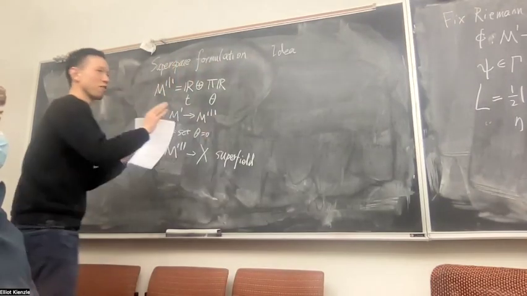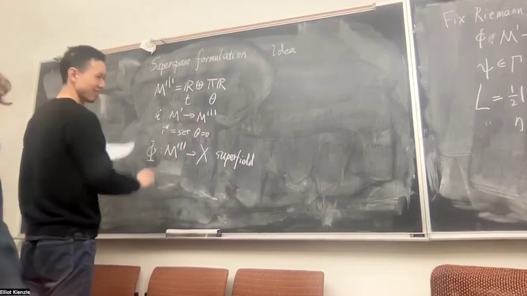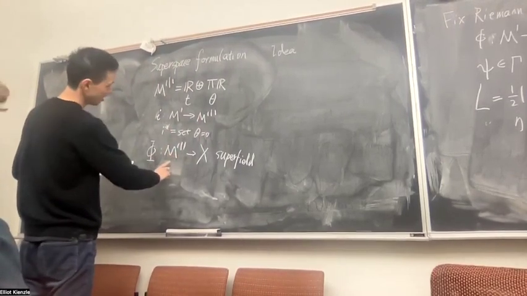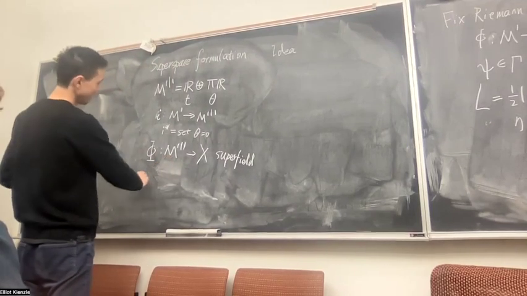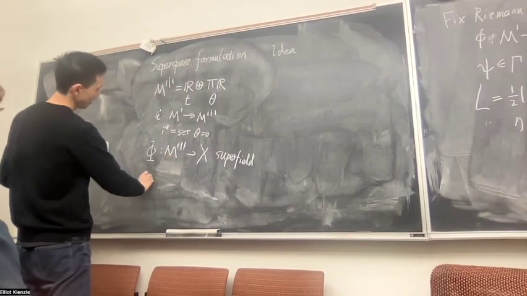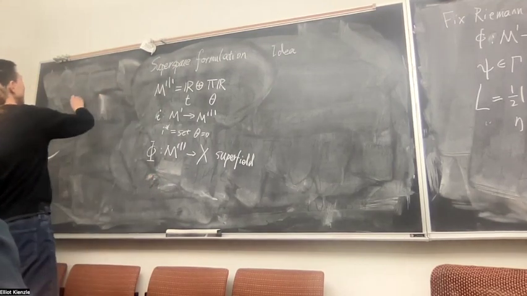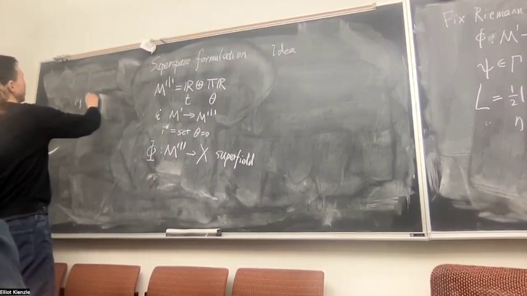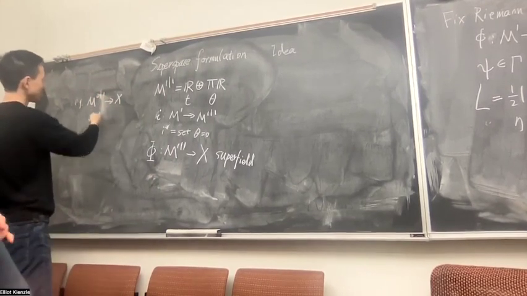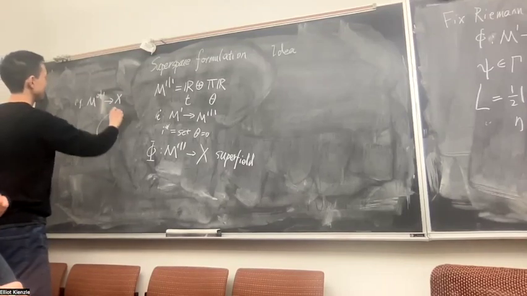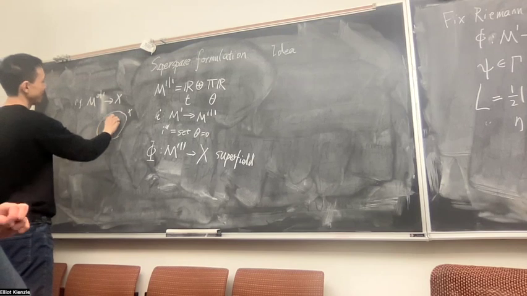For my talk, I haven't gone into many details about the super geometry. The geometric picture I have in mind is that if you have a map from M01 into X, this map is specifying a point plus a tangent direction.